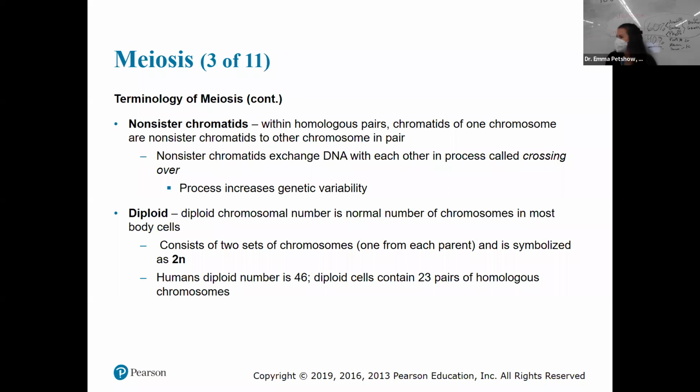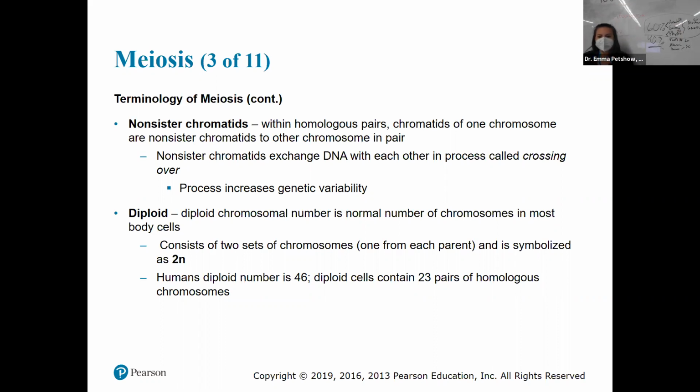Then we have our non-sister chromatids. Within our homologous pairs, the chromatids of one chromosome are non-sister chromatids to the other chromosome in the pair. The non-sister chromatids are the ones that get to do the DNA exchange. They do this cross-linking pattern and cross over. And this is how we have increased genetic variability. That's why we don't all look identical, right?